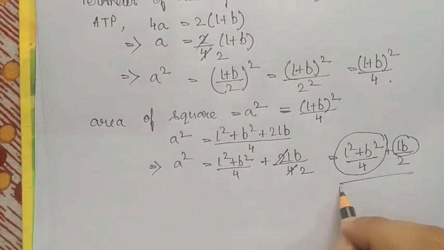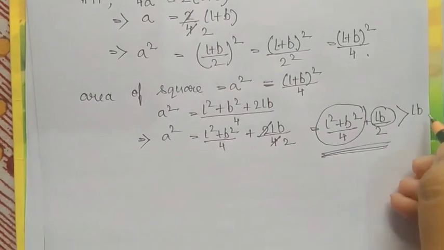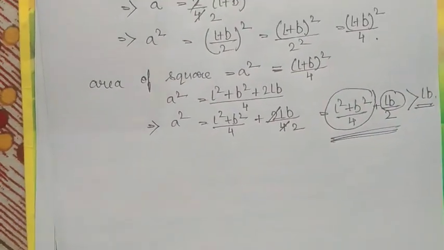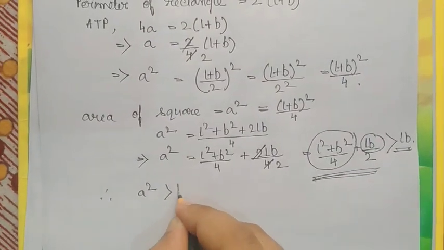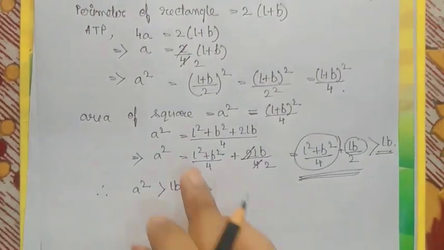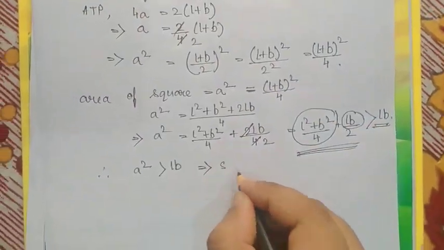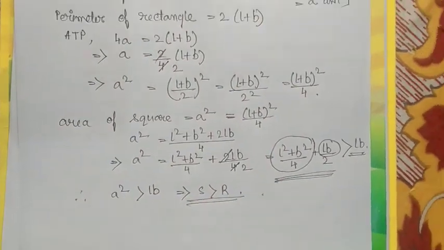So this should be always greater than LB. So therefore we can say that a square greater than LB. So according to this question, we can say that area of the square S greater than area of the rectangle R. So S is greater than R.